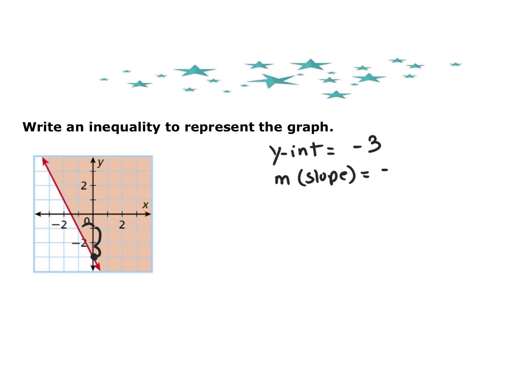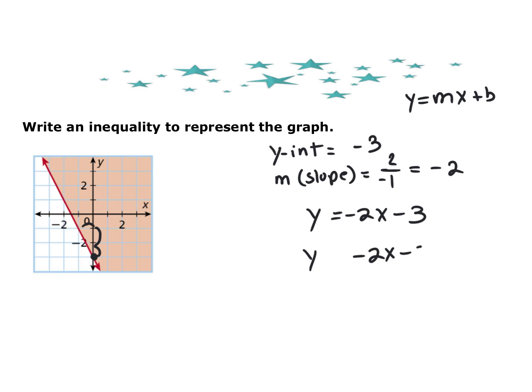So we rise 2, and we run negative 1, so 1 to the left. So it's going to give us a slope of negative 2. Now, since we want to write it in slope-intercept form, y equals mx plus b, I'm going to go ahead and do y equals negative 2x minus 3. And now I'm going to change the equal sign to an inequality. So y, I'm going to leave the space, negative 2x minus 3.